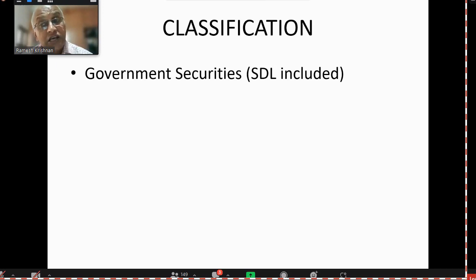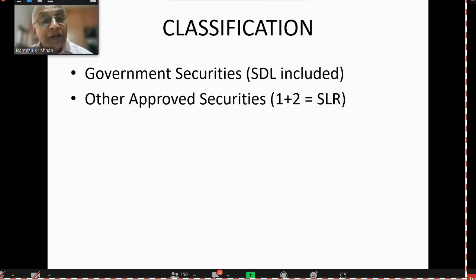Now, government securities, including state development loans, one category. I have already said this, because when we come to market, within these permitted categories, one appreciation and another depreciation you can net off. But not between two categories, I'll explain shortly. Your other approved securities, maybe an earlier NABARD bond or an IDBI bond, would be an approved security.